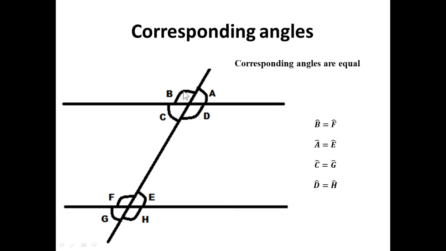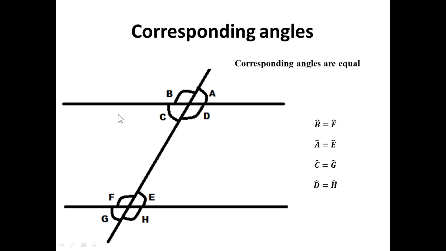Look at the angle before the parallel line: this angle B is before the parallel line. The angle before the parallel line of the one under here, which is angle F, they are corresponding angles. The angle before the parallel line at this side, which is angle A, and the angle before the parallel line at this side, which is angle E, are also corresponding. That means they are equal.